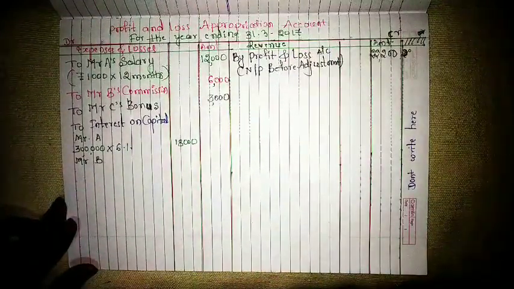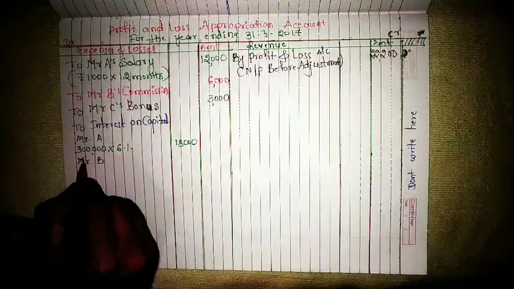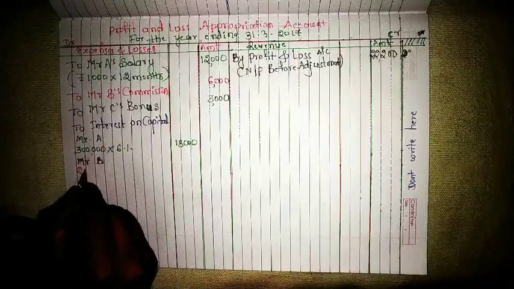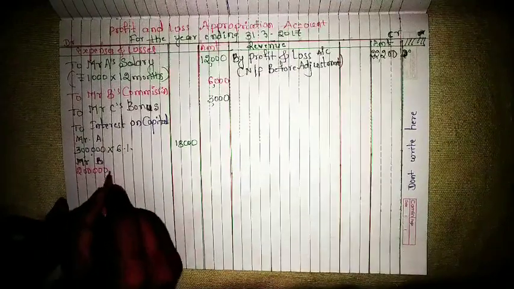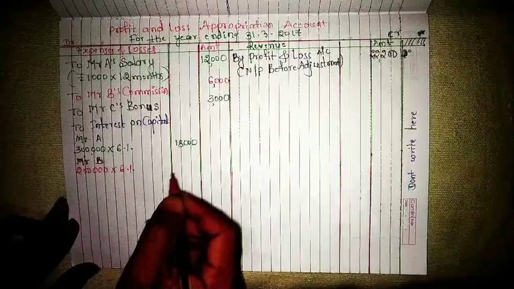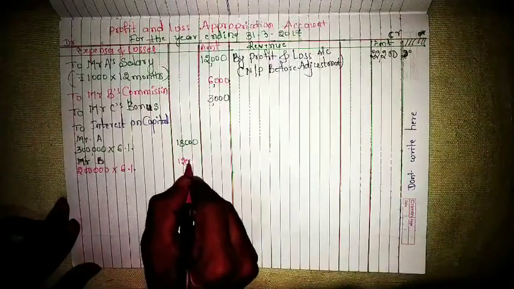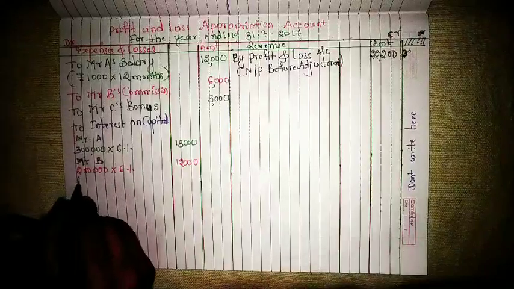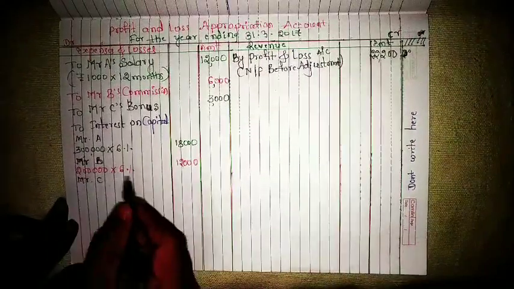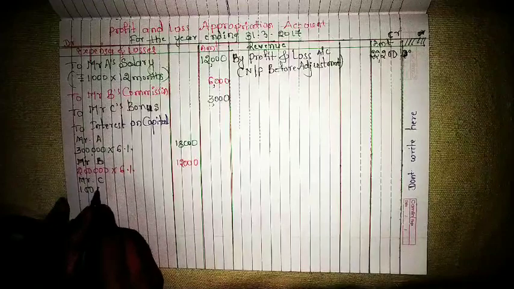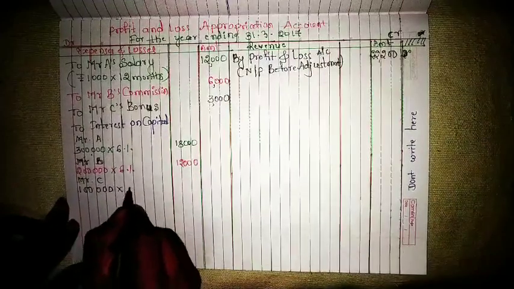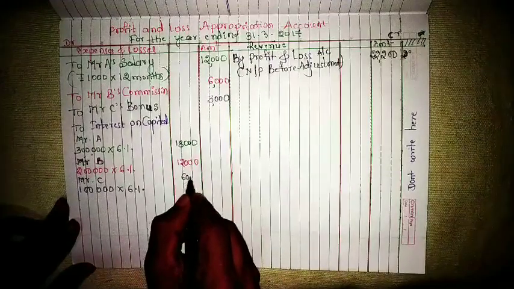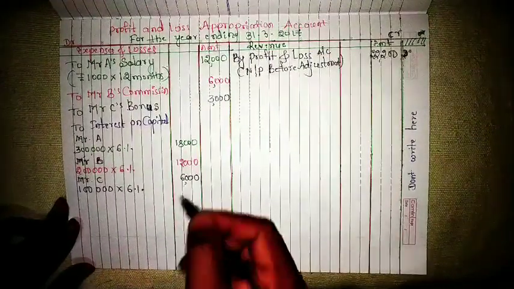Mr. B rupees 2 lakh into 6% is 12,000. Mr. C rupees 1 lakh, 6% is 6,000.